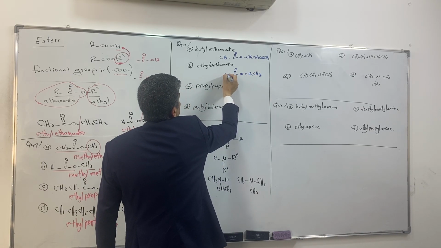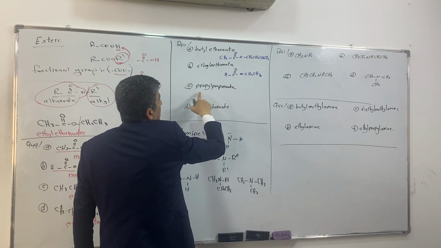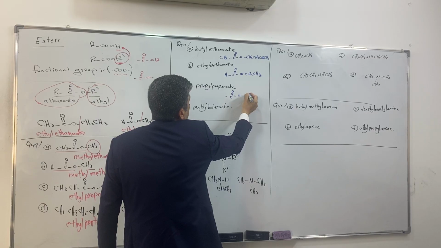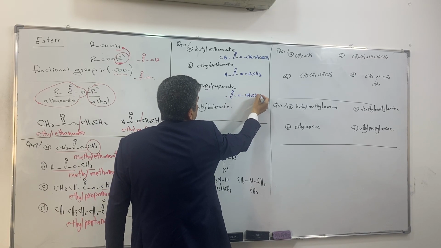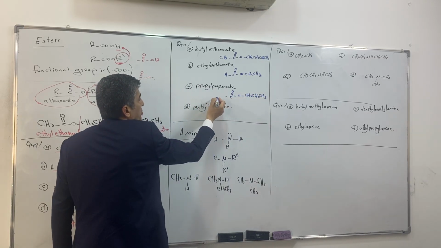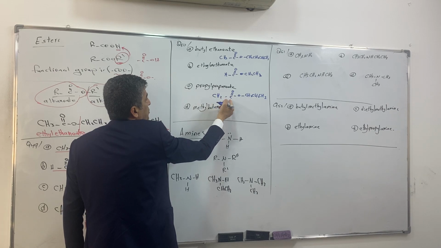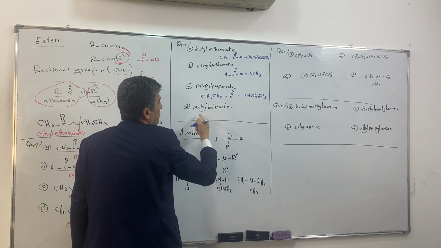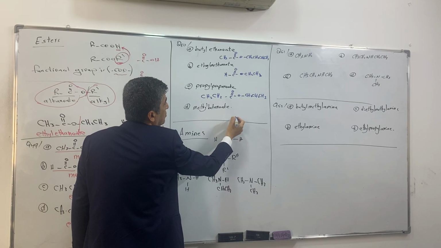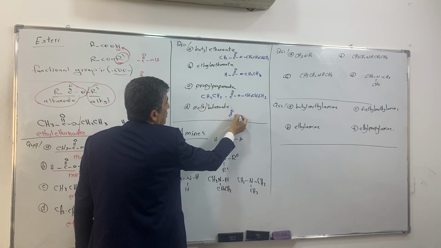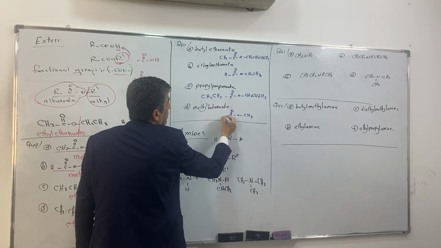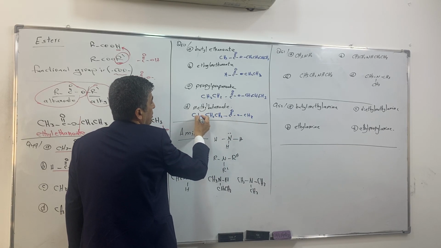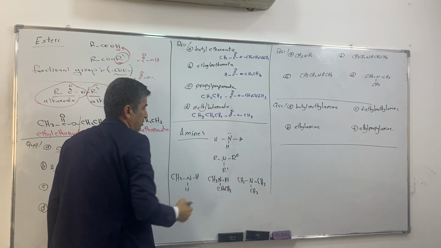Methanoate is 1 carbon atom, just write hydrogen here. Propanoate, we also have the carboxylic group, propyl with 3 carbon atoms. Propanoate also has 3 carbon atoms, 1 2 3. This is propanoate. Methyl butanoate: we have a methyl group on the right-hand side, and butanoate with 4 carbon atoms, 1 2 3 and 4. Methyl butanoate.